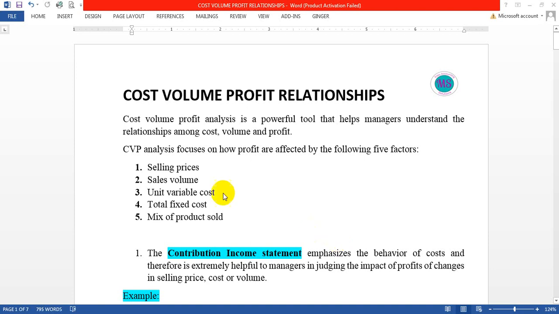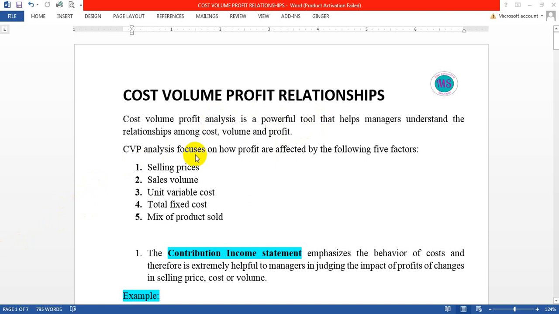Because managers see the future of the organization, and the manager is responsible for his doing. This tool works in decision making as well, and it is used in direct costing as well. So we can say this is a very powerful tool.